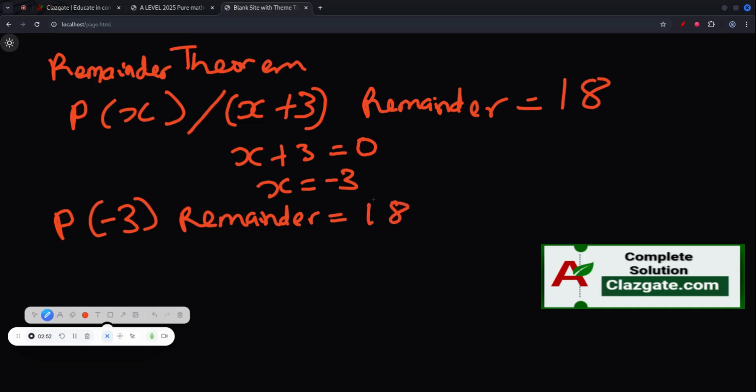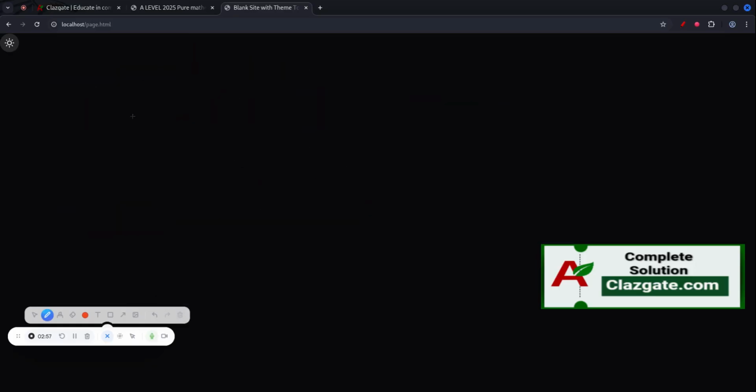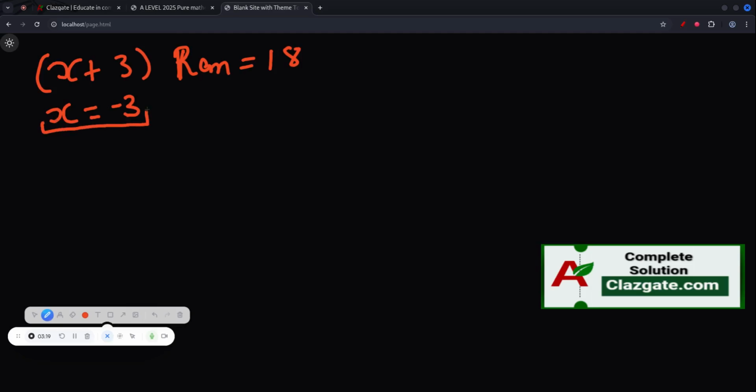Okay, now that we've had that, let's continue. So when x plus 3 is the divisor, we have our remainder as 18. It means that x will definitely be equal to negative 3. Equate this to 0, you get the value of x. The value of x is negative 3.